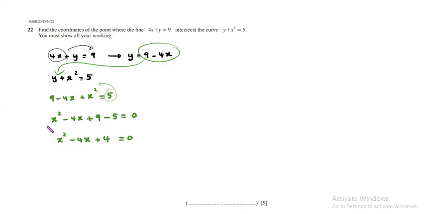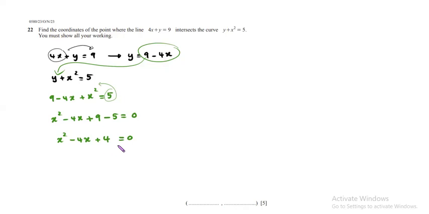Now, this quadratic equation can be solved using the factorizing method or the formula method, or we can also solve it using the completing the square method. Here we can directly make use of the factorizing method as well, but in the question they haven't mentioned, and they usually don't mention which method to use for a simultaneous equation.